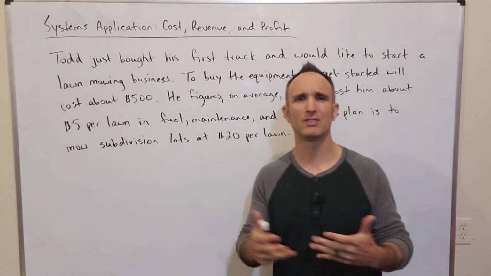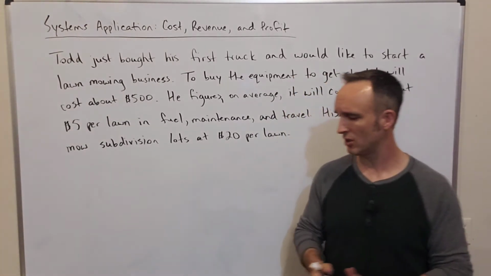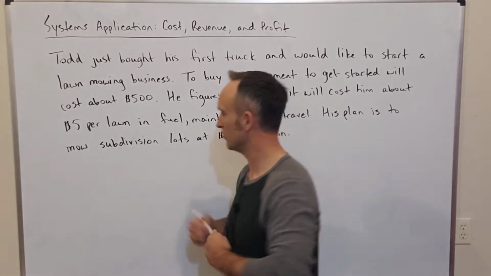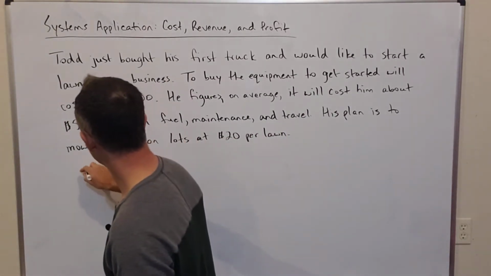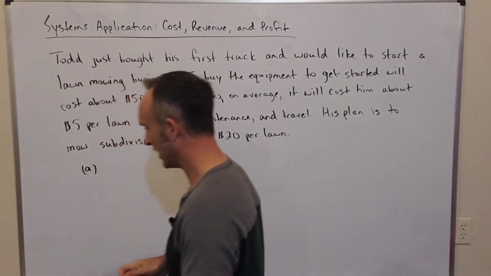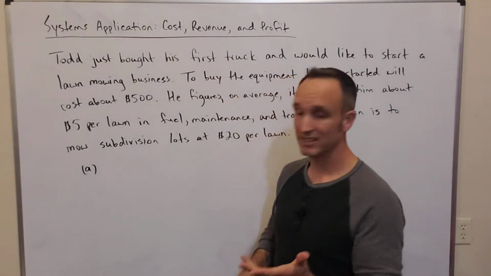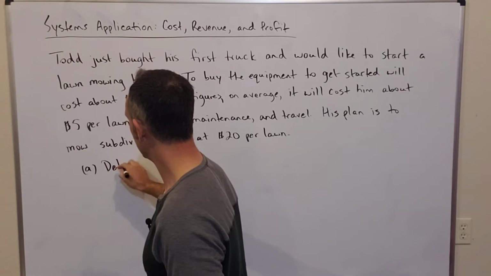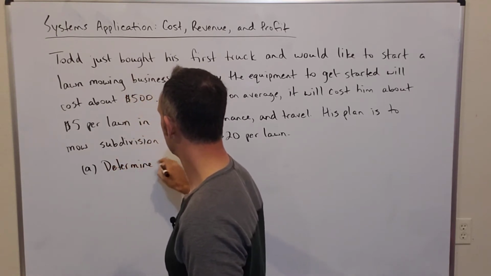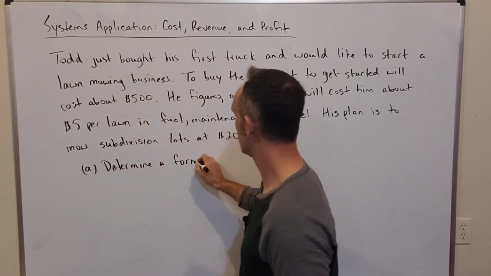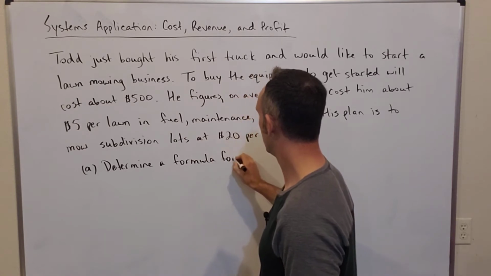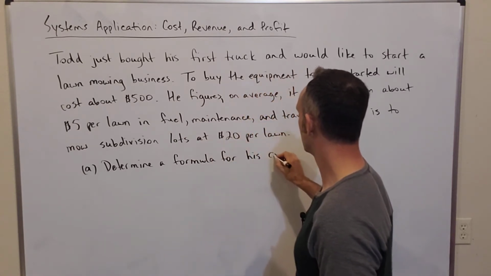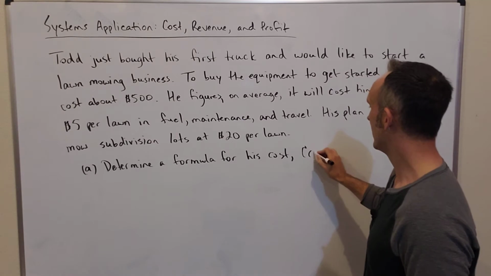So we get the idea of what's going on here. He's wanting to do a bit of cost analysis before he gets this business going, to plan ahead for what to expect money-wise. So the first thing that Todd may want to look at is his cost. So part A, let's determine a formula for his cost, C of x.